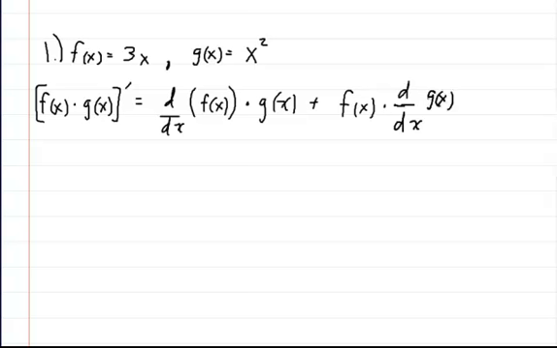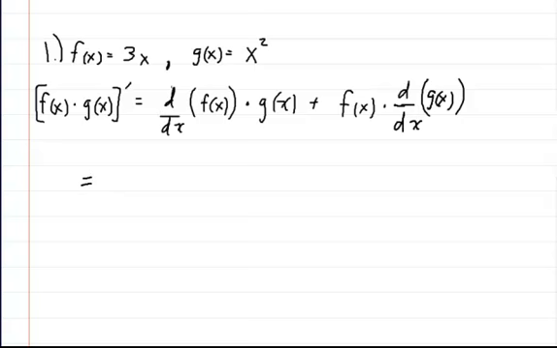This is g of x, just like that. So this is the other way, and I usually don't like to write it this way just because I think it's cumbersome. But let's continue on.